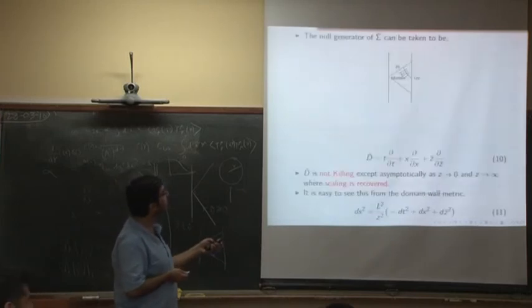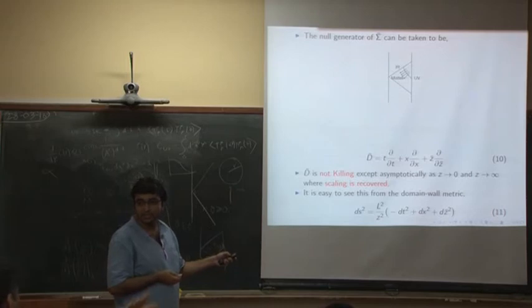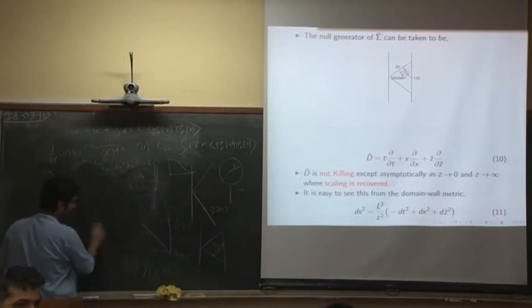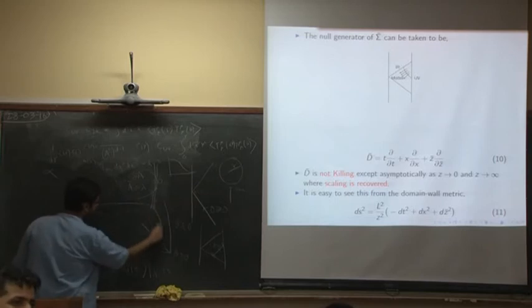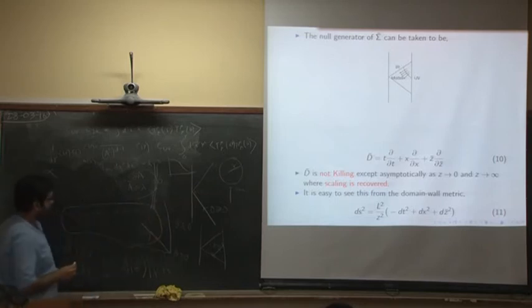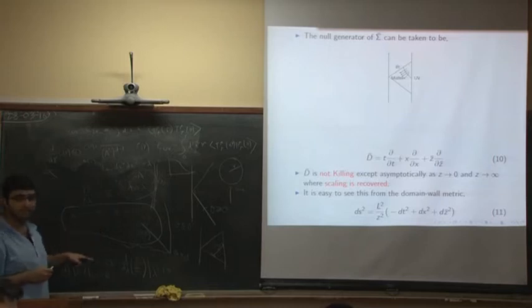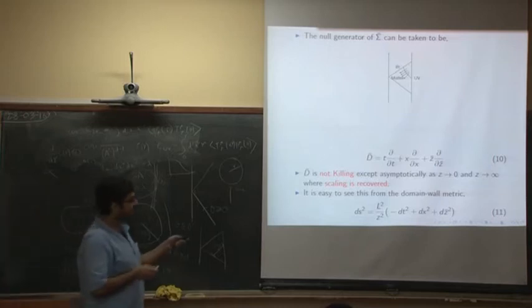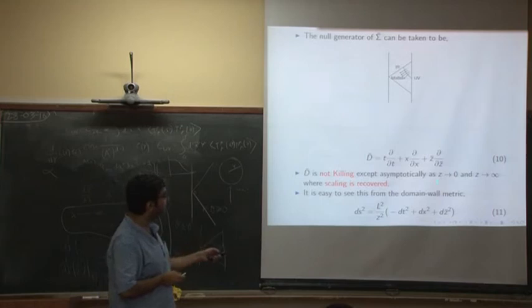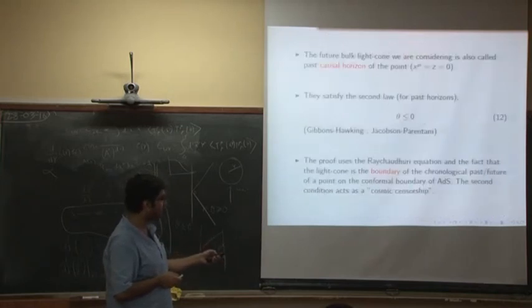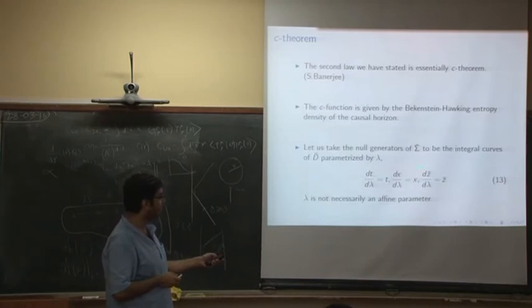I had this vector field d bar. He wants minus infinity at the boundary and plus infinity at the horizon. Yeah, that's right. That just follows from the way these were chosen.